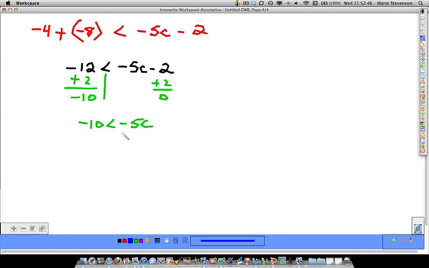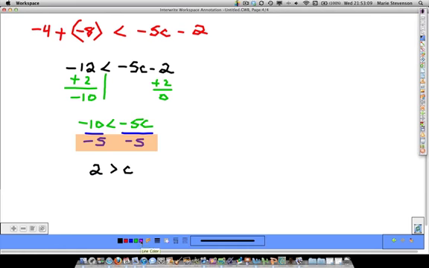So I'm going to divide by negative 5 on both sides. Notice what I just said. I just said I'm dividing by a negative number. So I'm going to flip my inequality. So this is going to turn to greater than. I end up with c on this side. And negative 10 divided by negative 5 is a positive 2.